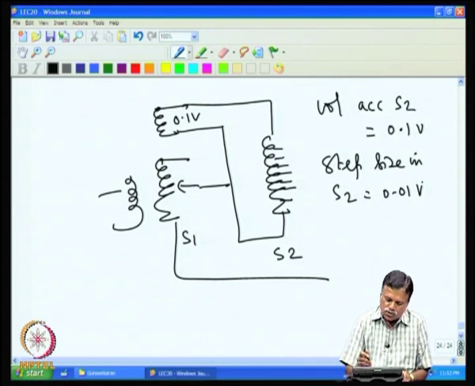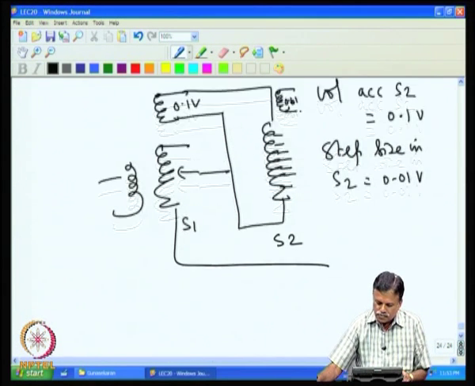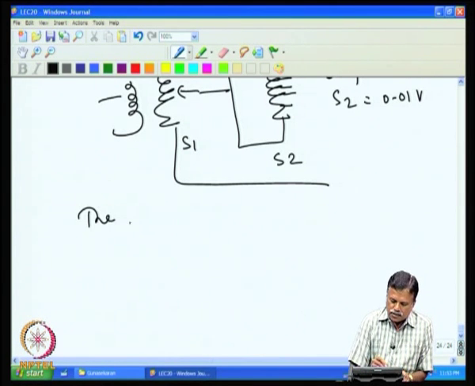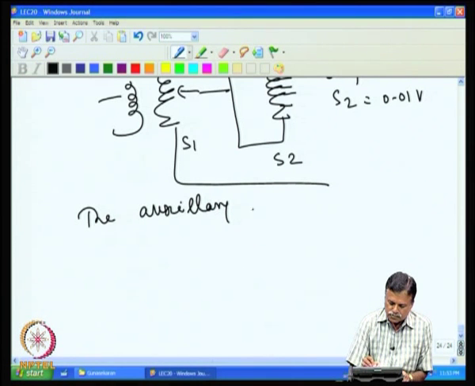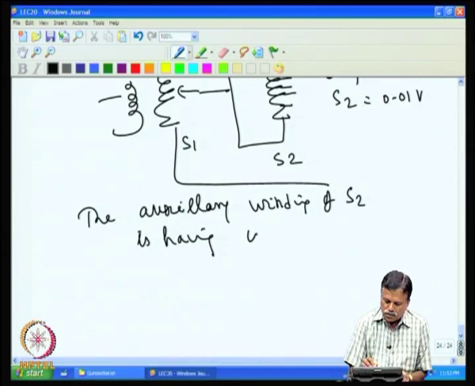Then this S2 also has its own auxiliary winding. Here the voltage is 0.01 volt. The auxiliary winding of S2 is having a voltage of 10 millivolt.